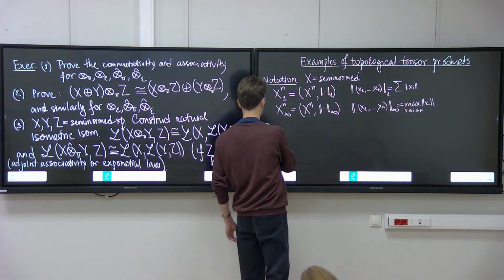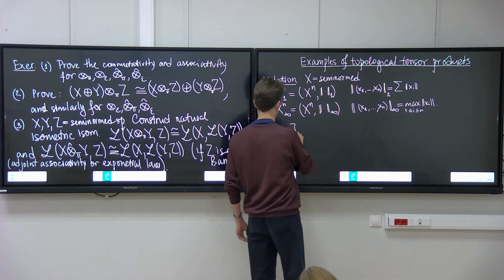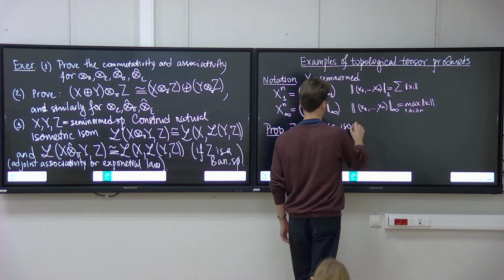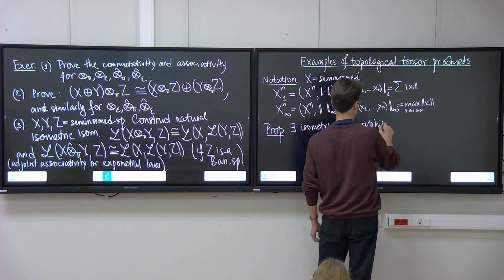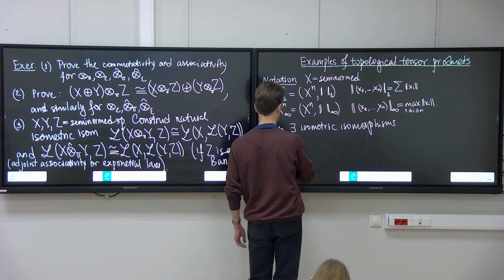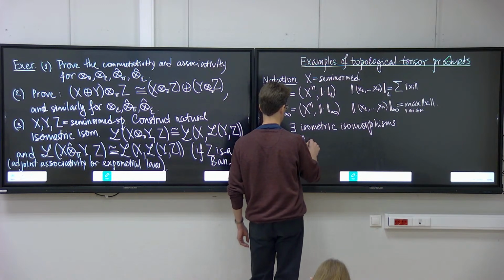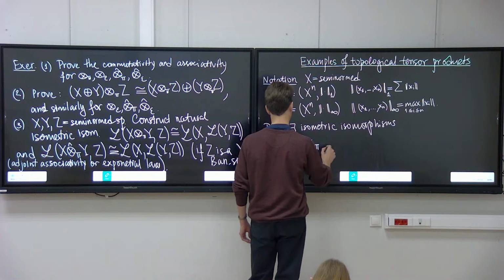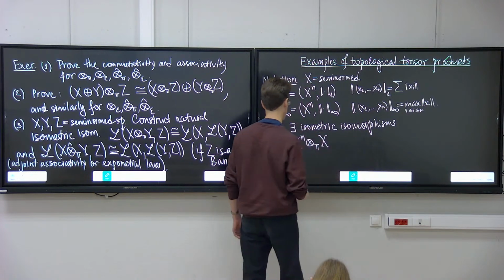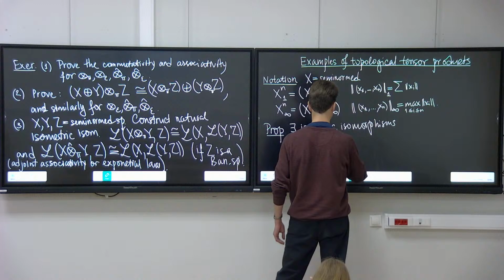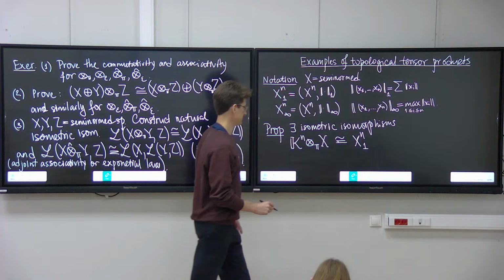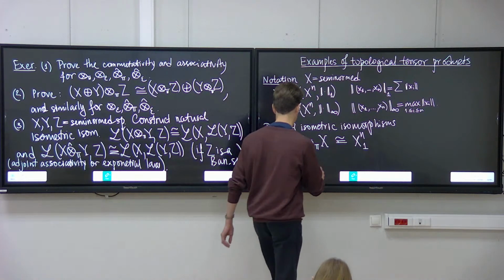So we have the following proposition. There exist isometric isomorphisms between the following spaces. The first one looks as follows. We take the space K^n and form the projective tensor product with a seminorm space X, and what we get is X^n_1.